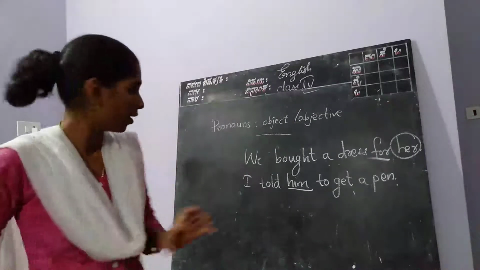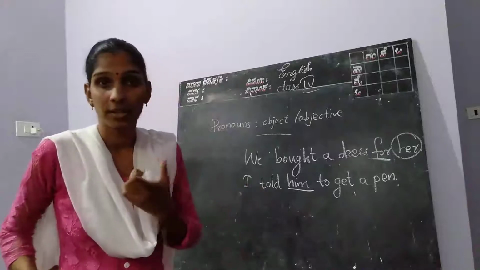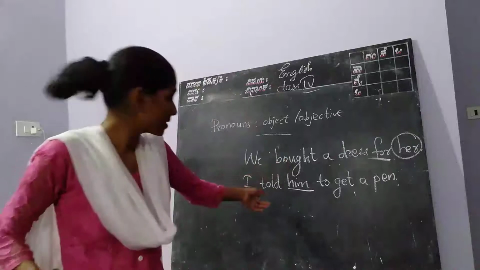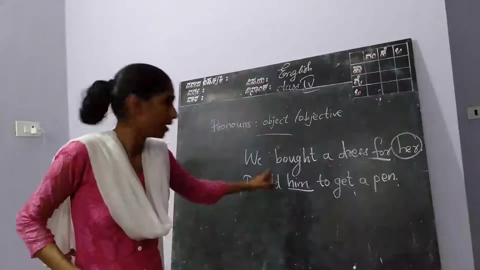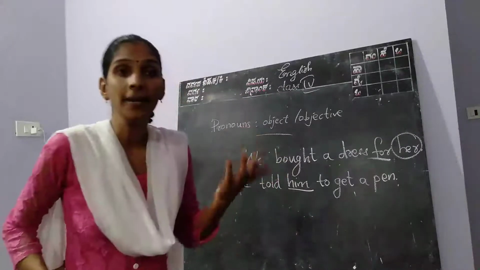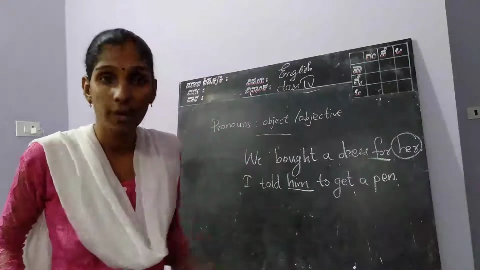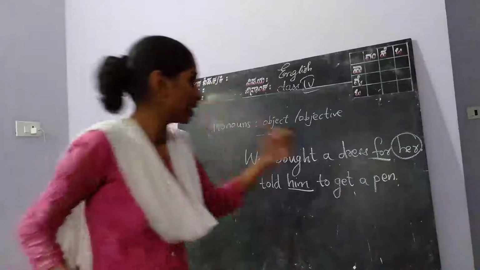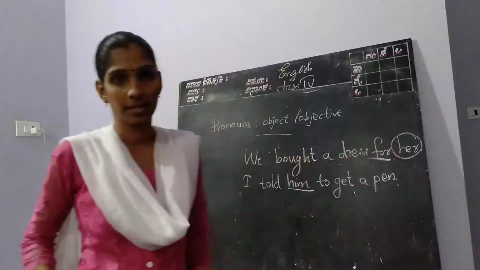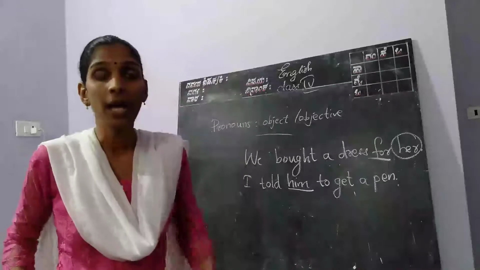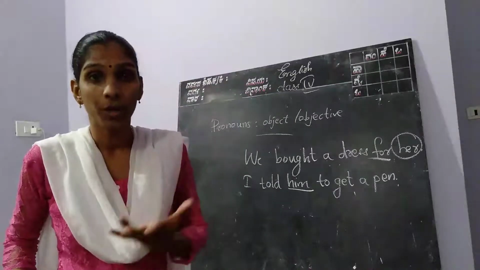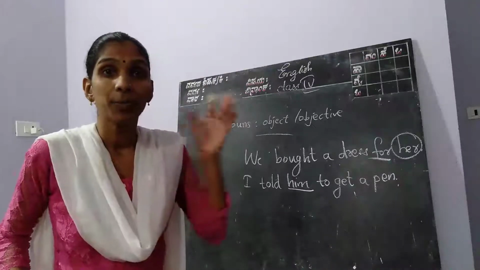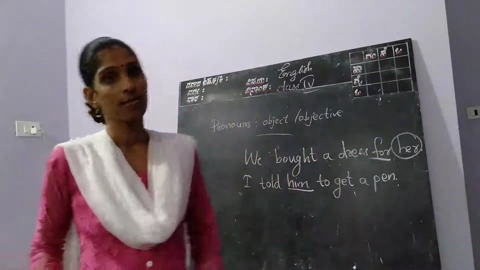Tell, past tense told. You're telling something, that is an action. So told is an action word or verb, and him is used after it. Here after the preposition her is used. This her and him are objective pronouns. We use objective pronouns after a preposition or verb.